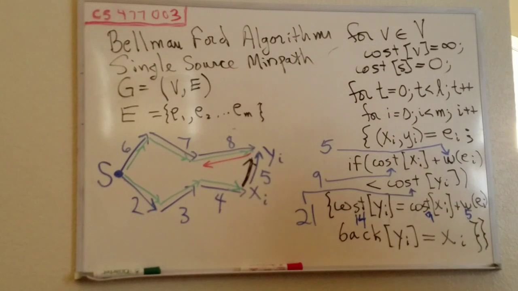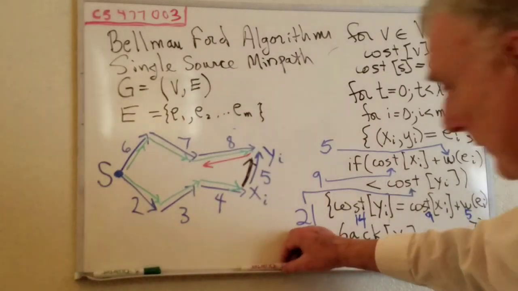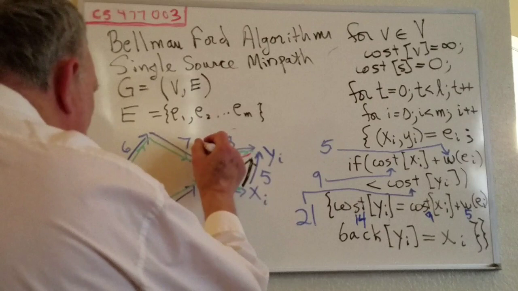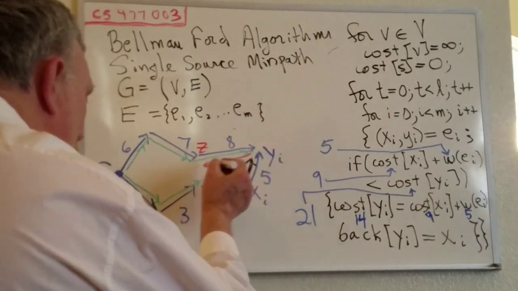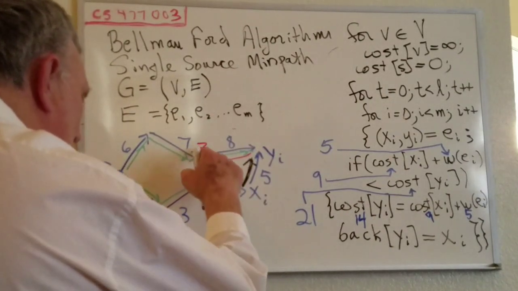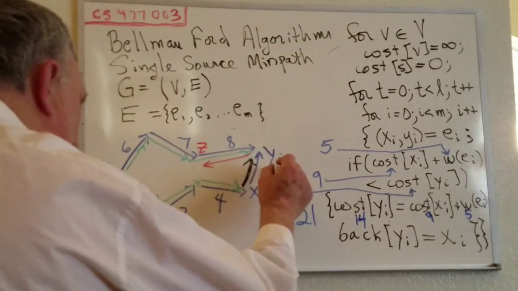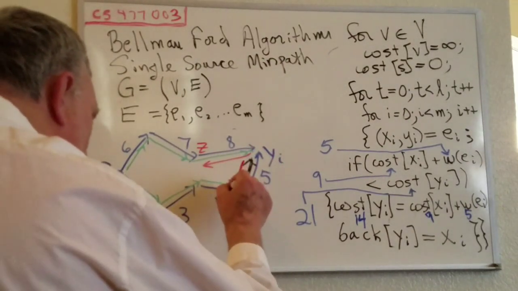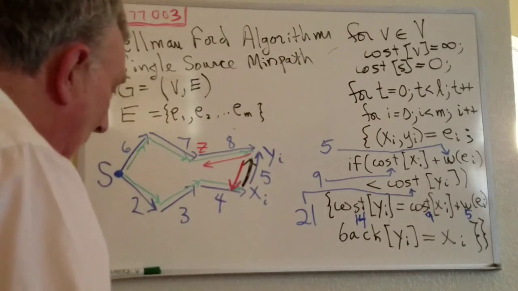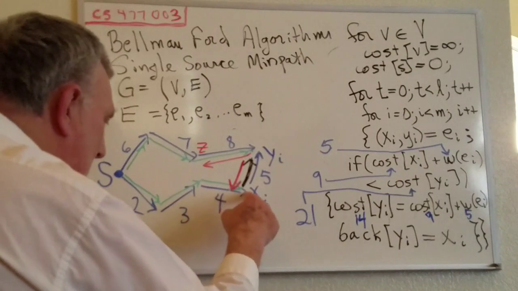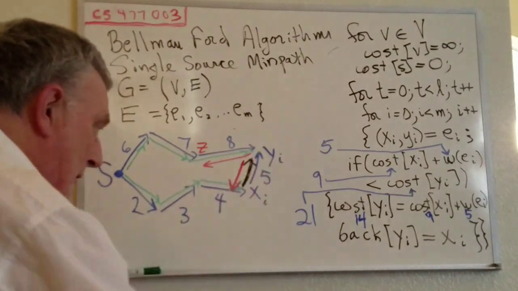Before, the back pointer for y_i pointed to this vertex. I didn't name it, but let's say this vertex is z. But here we have to define a new back pointer. The new back pointer of y_i is x_i, because the new shortest path goes through x_i, and so that's the correct back pointer.